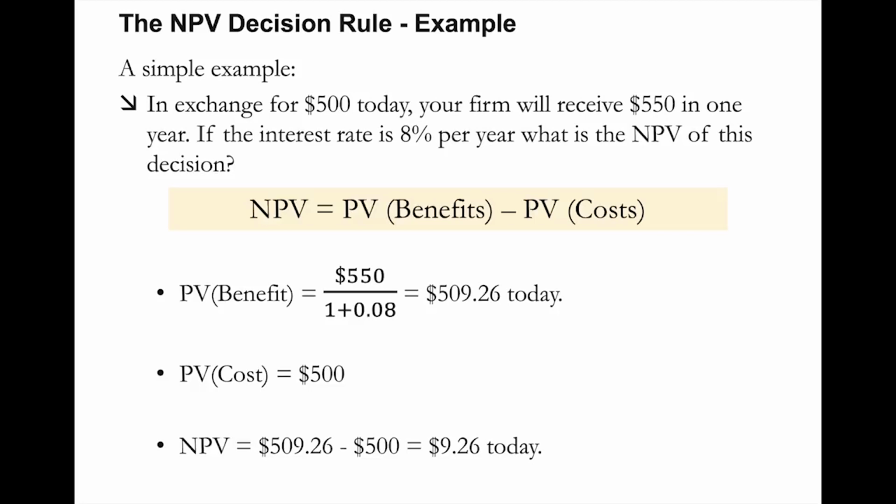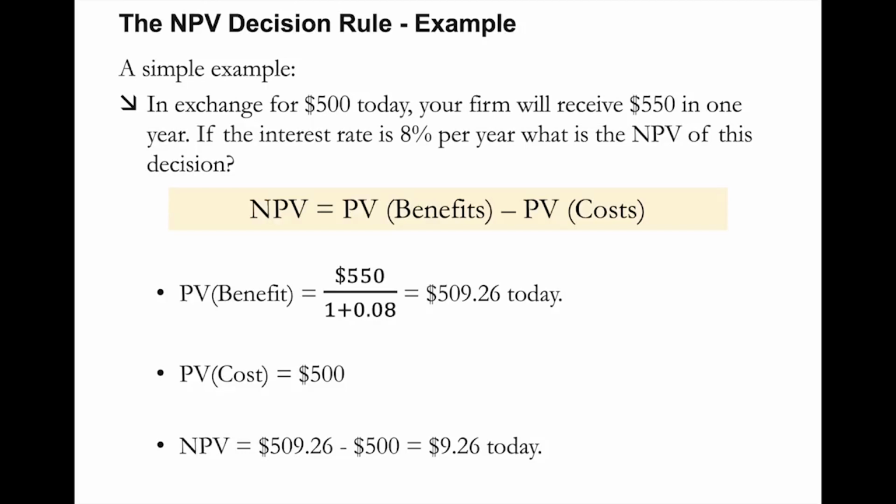And what we get is a present value of $509.26. So the present value of $550 is $509.26. The cost to us today, the cost of this investment, is $500. That's what we must pay.